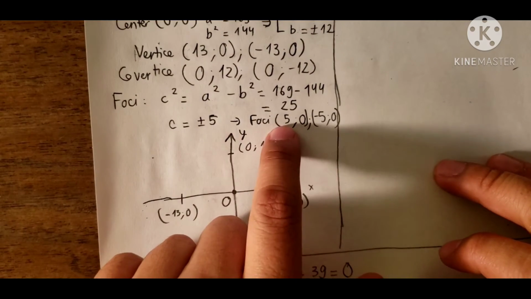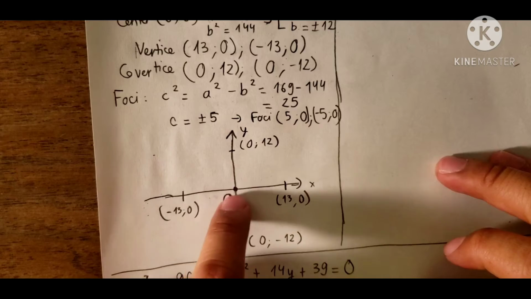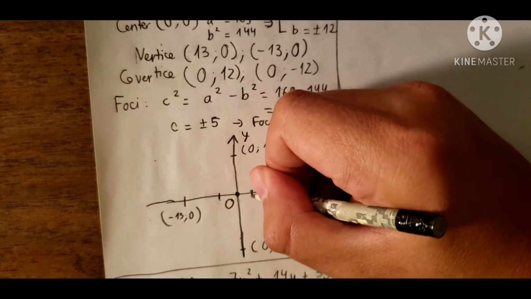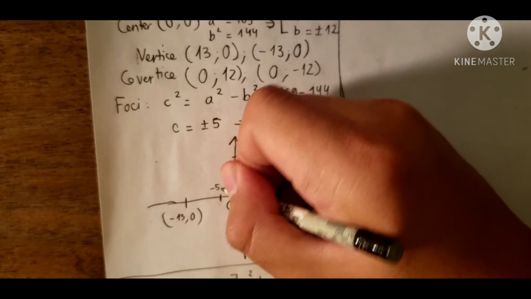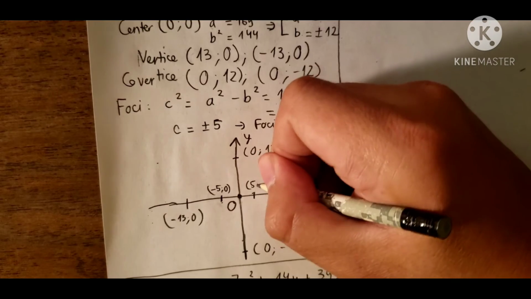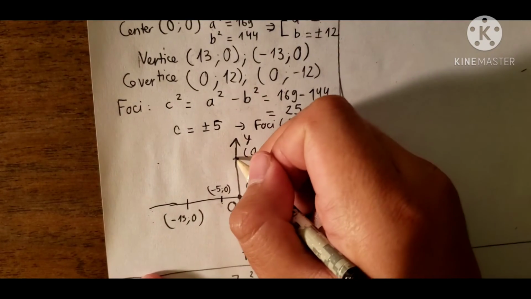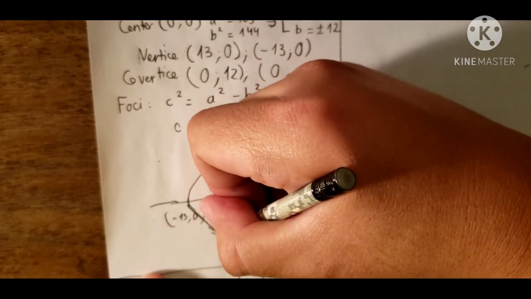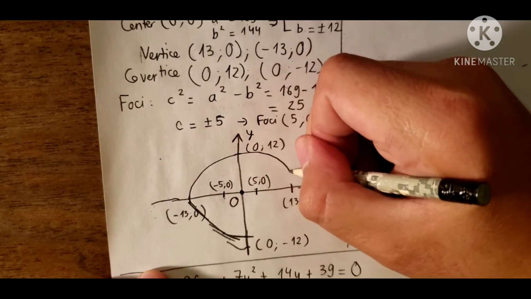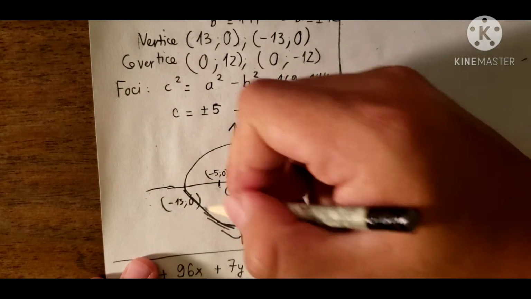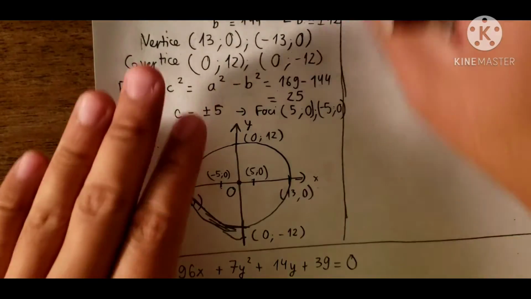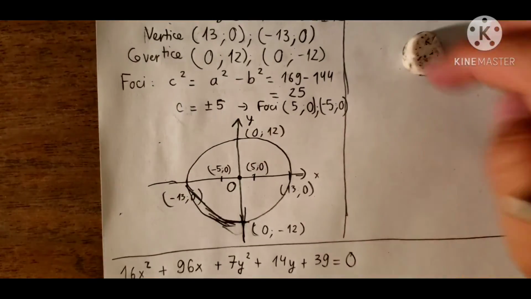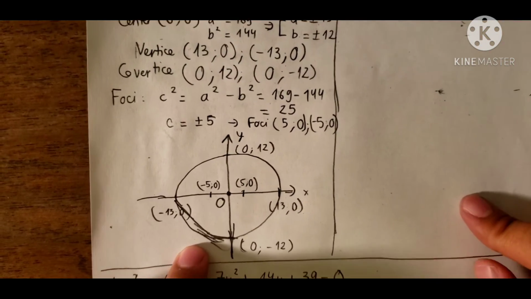And the focus c is about 5 and minus 5 on this one. So we put like this, and we just draw the diagram. Sorry, the diagram is not perfect, but I hope this way can help you to draw the diagram in here. So this is the answer for the question for you.